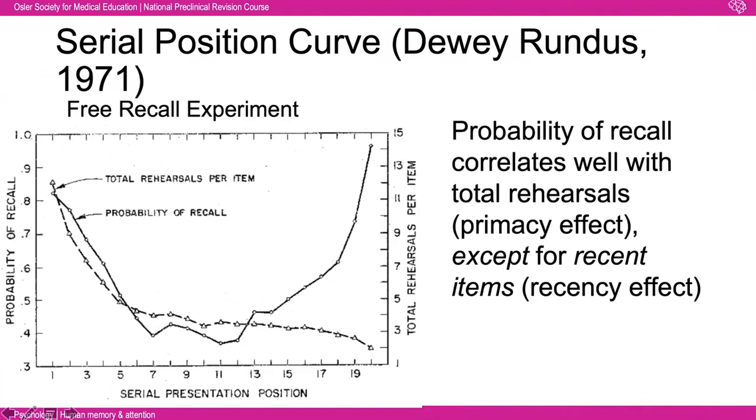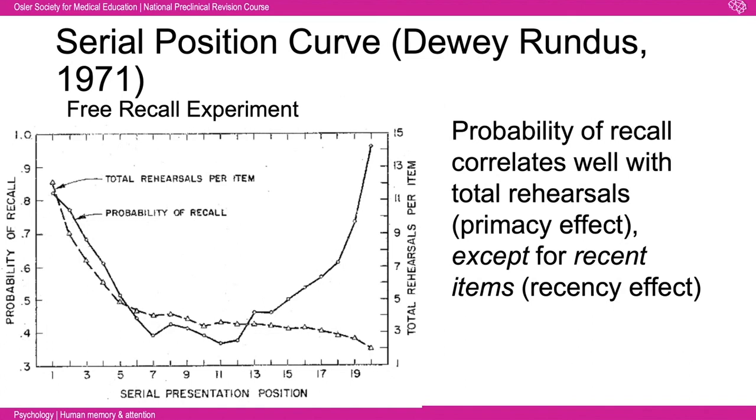For those things early on, over on the left of the curve, the probability of recall correlates basically exactly with the total rehearsals, whereas from around position 13 onwards, i.e. the later things in a series of information presented to you, these two lines break apart.